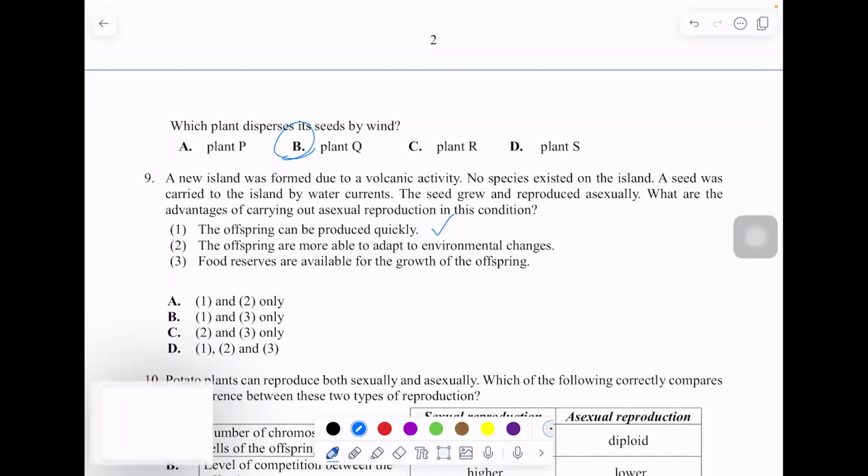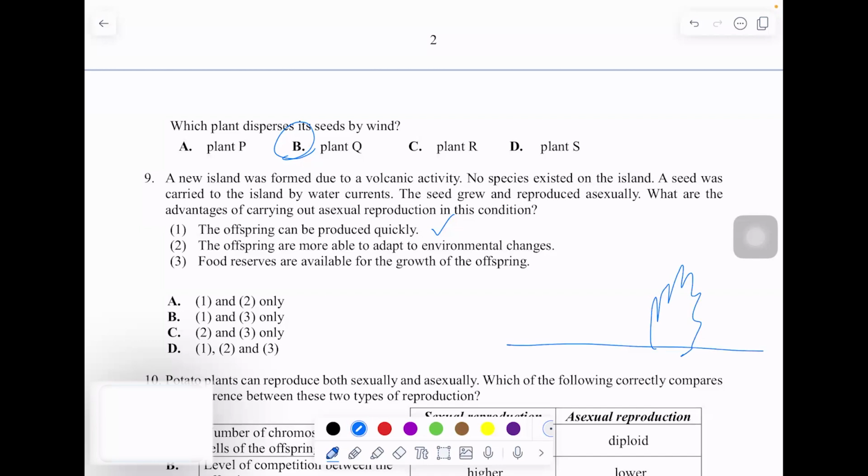The offspring may only carry that gene or that ability, so they could not adapt to such environmental changes. For example, maybe I use the grass as an example.